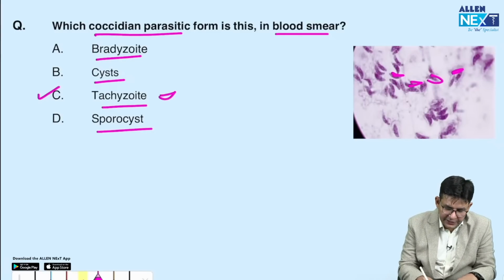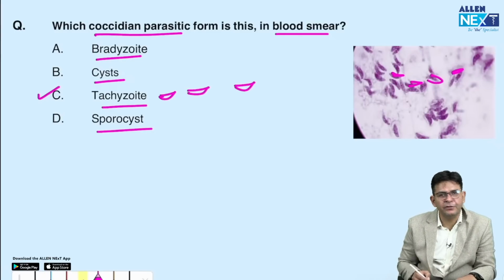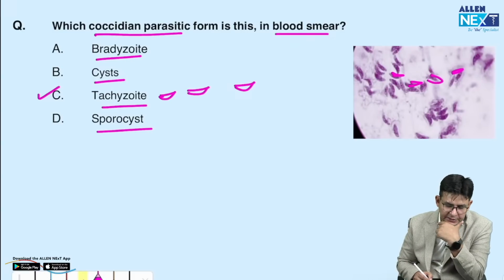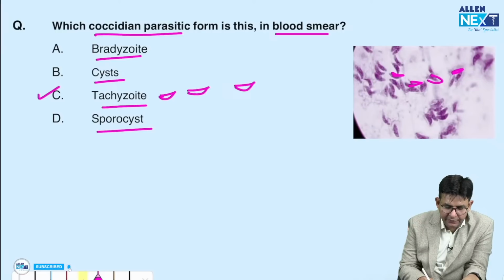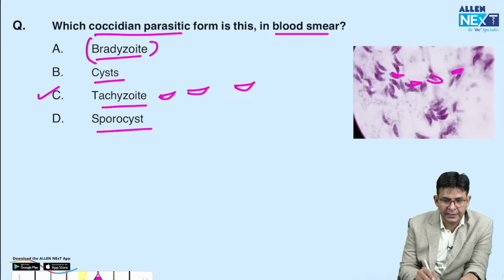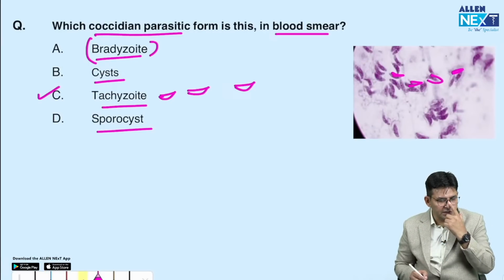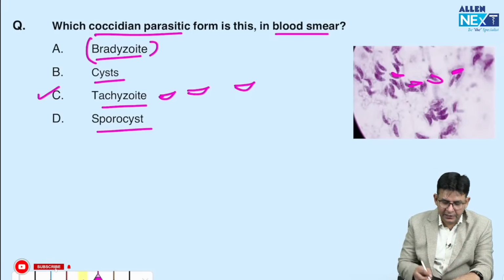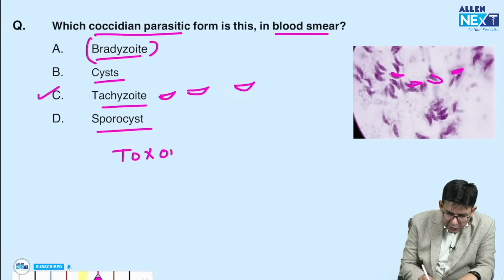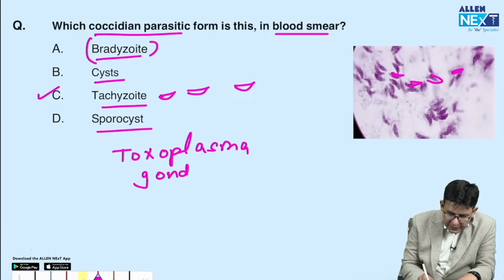They are sickle shaped, rapidly dividing forms that you already know. Bradyzoites are slowly dividing forms, found within the tissue cyst. So if somebody talks about bradyzoites, tachyzoites and all that, you should immediately think of which protozoa? Toxoplasma gondii.